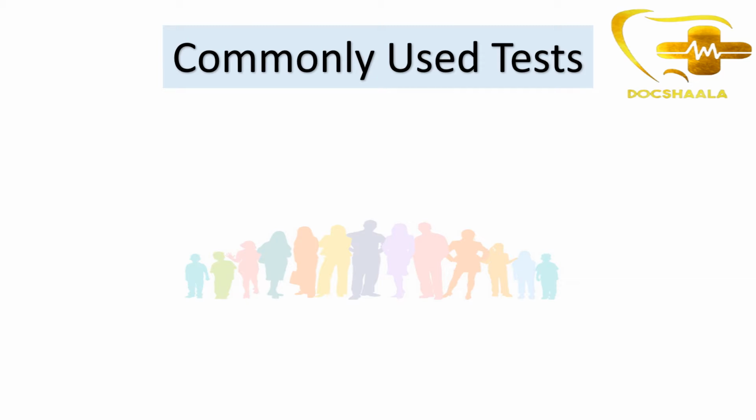The list of tests we use in the non-parametric method are: Chi-square Test, McNemar Test, Sign Test, Wilcoxon Signed Ranks Test, Mann-Whitney U or Wilcoxon Rank Sum Test, Kruskal-Wallis or H Test, Friedman ANOVA, the Spearman Rank Correlation Test, and Cochran's Q Test. These are the tests that we use in non-parametric analysis. You just have to make a note of it.